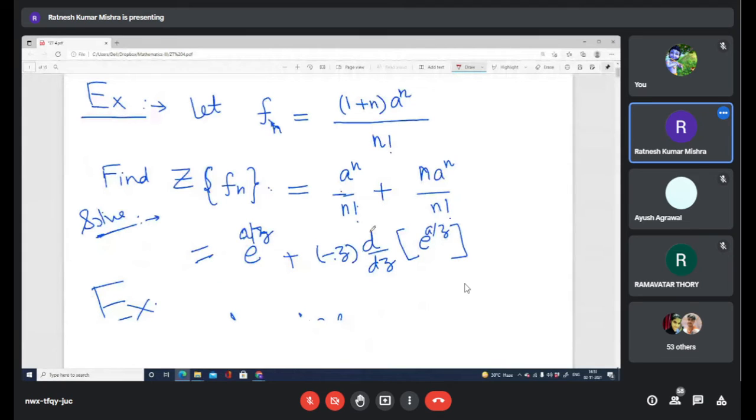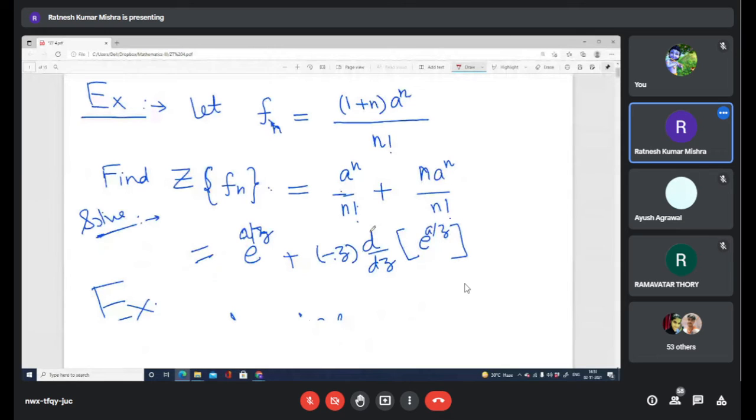So the inverse Z transform of F(z) is f(n), and the right side is 1 power n. Similarly here, this is g(n), so this is 3 power n.